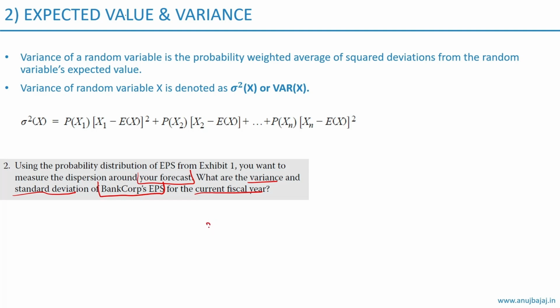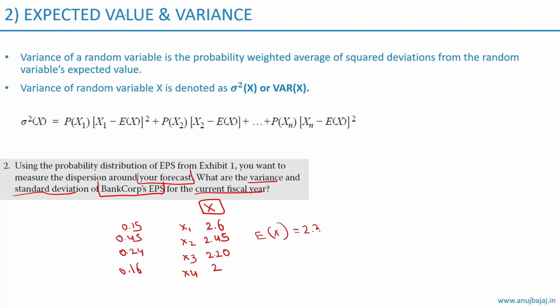They were $2.6 US, 2.45, 2.20 and 2. And the probabilities were 15%, 45%, 24% and 16%. So this is the random variable x, and these are x1, x2, x3 and x4. Based on this data, we calculated the expected value to be 2.34.